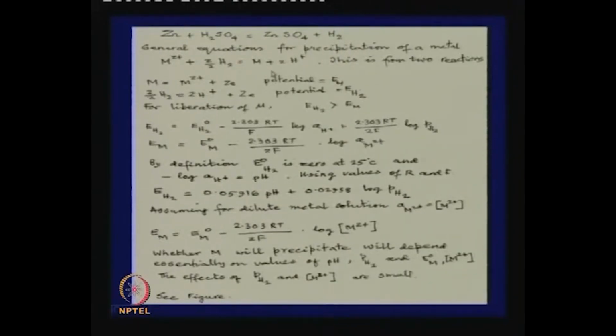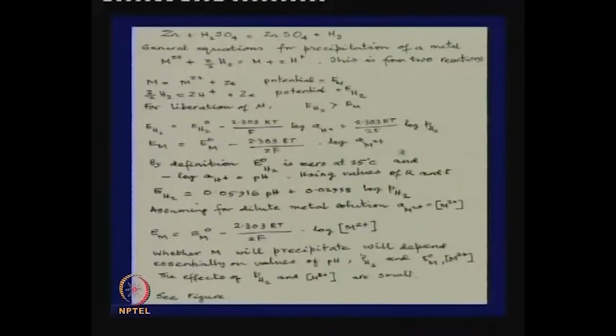But if it is a reactive metal, then it will react to produce hydrogen. Then how will hydrogen precipitate from the solution a metal which is reactive? For that we have to do an analysis.